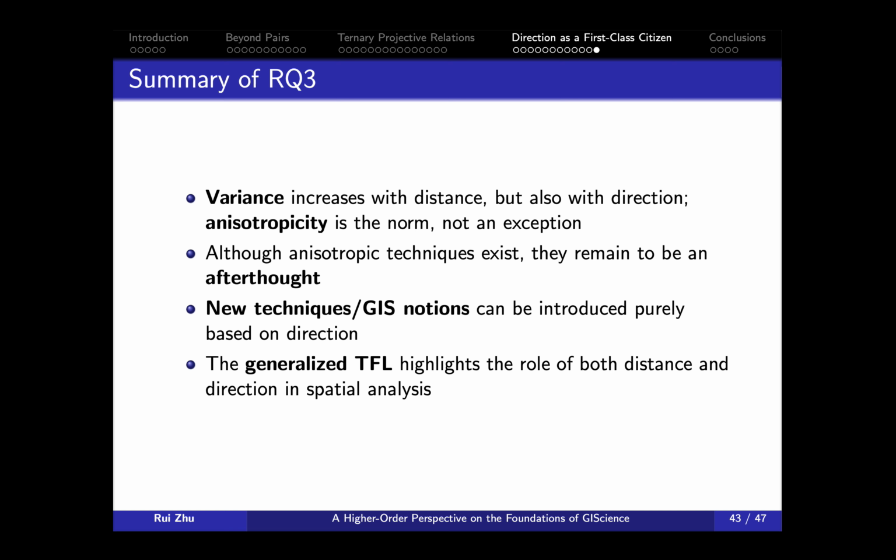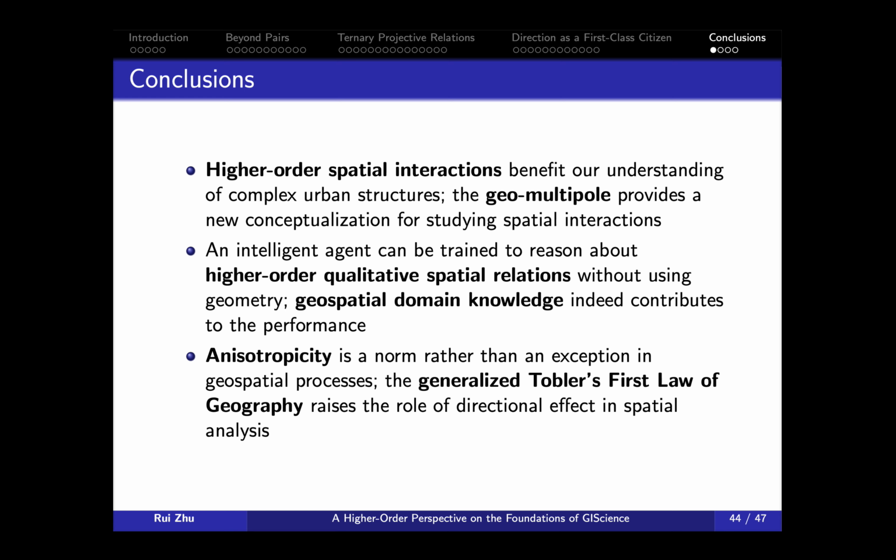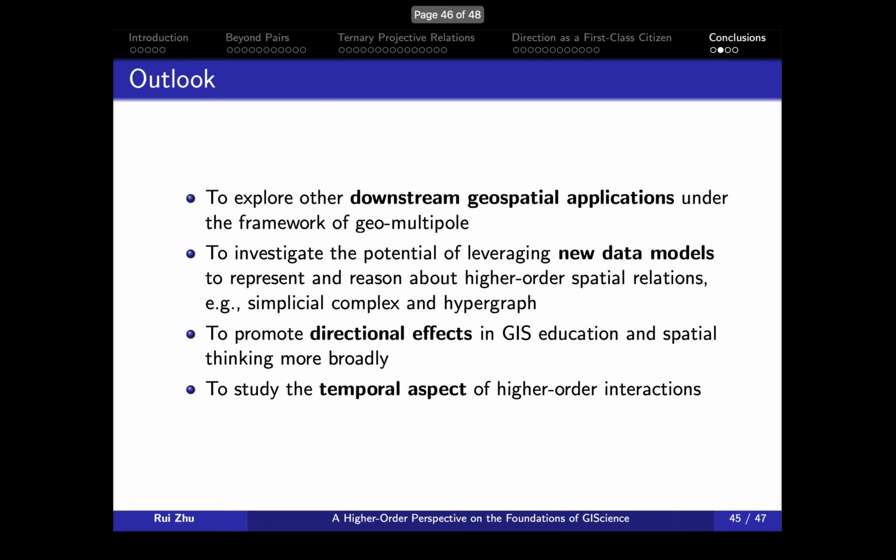Geospatial domain knowledge indeed contributes to the performance. Last but not the least, anisotropicity is a norm rather than an exception in geospatial processes. The generalized Tobler's first law of geography raises the role of directional effect in spatial analysis.